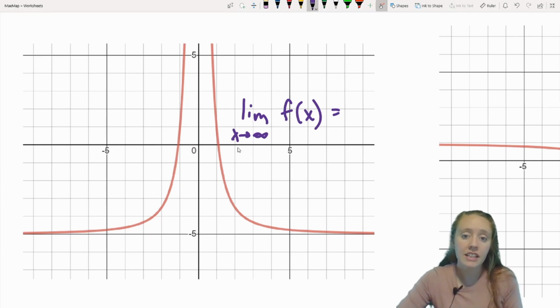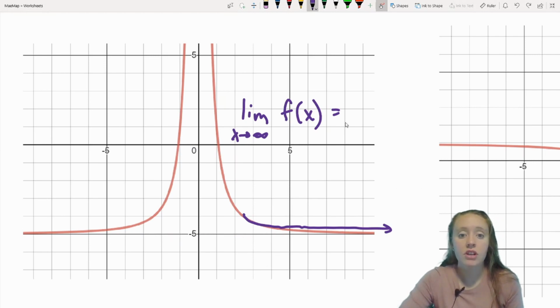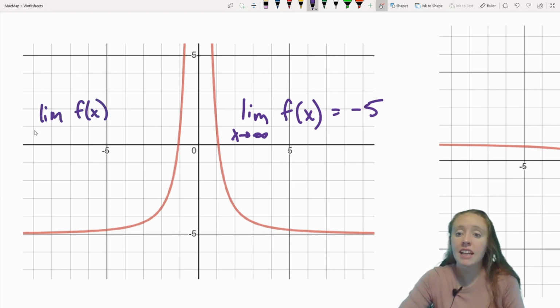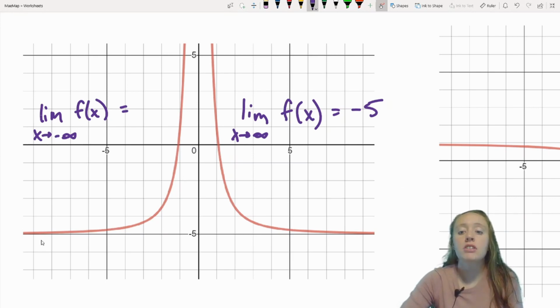Well, as x gets larger, then our function goes closer and closer to what value? That's negative 5. And also let's look at as x goes to the left. So the limit of f of x as x approaches negative infinity, so goes further into those negative numbers, that limit is also, well, where is our function going towards?